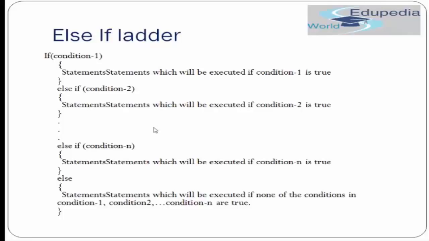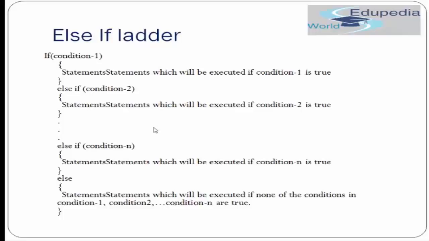So my condition 2 will be if color is equal to yellow, then inside that clause, I write the statement which is fruit is equal to banana, and so on. So else if is actually used to execute multiple conditions. So you can have as many else if as you need. I can write 10 else if or 5 or just 1.